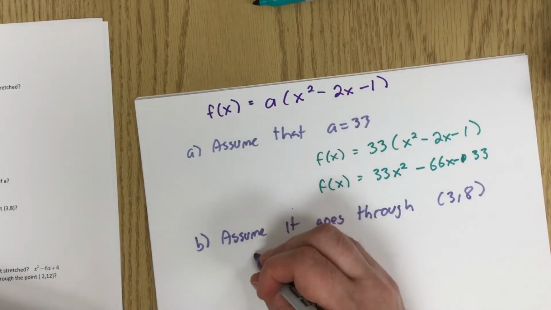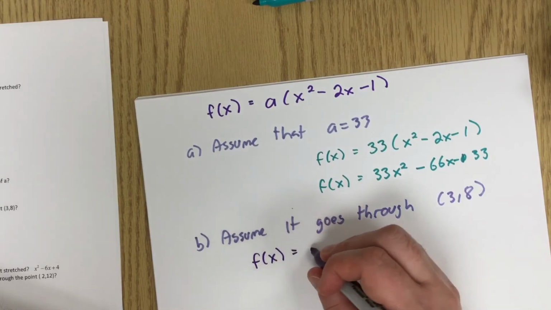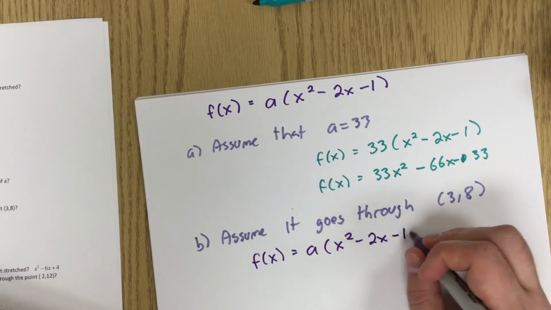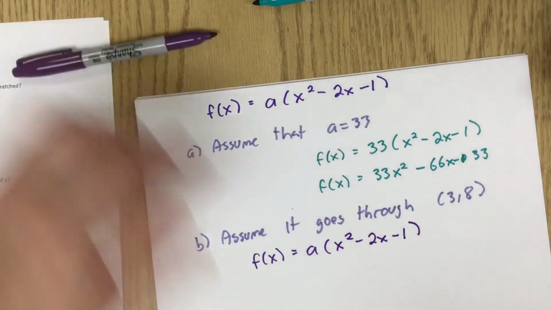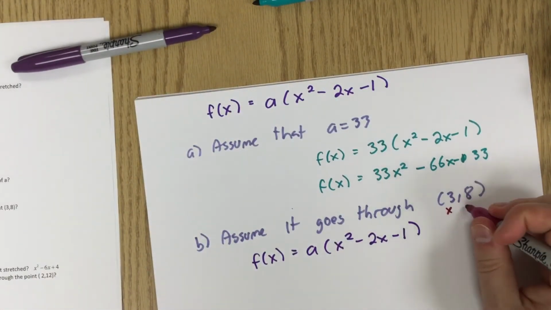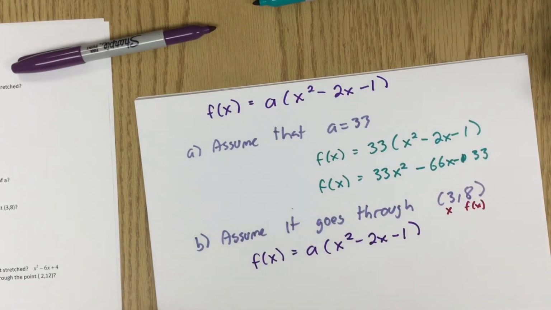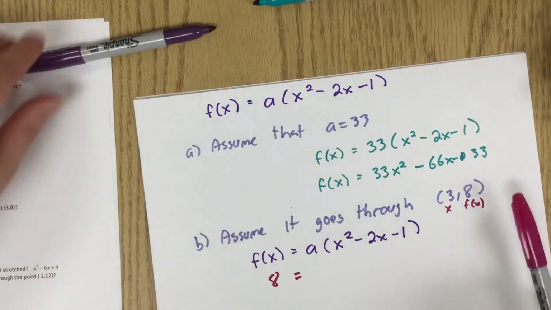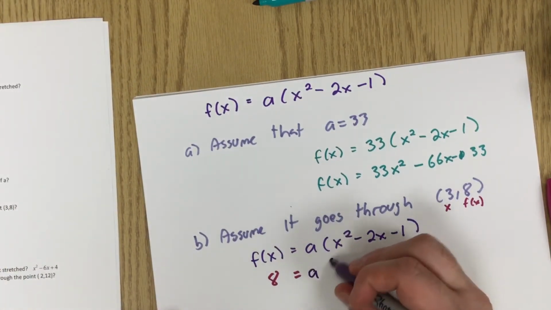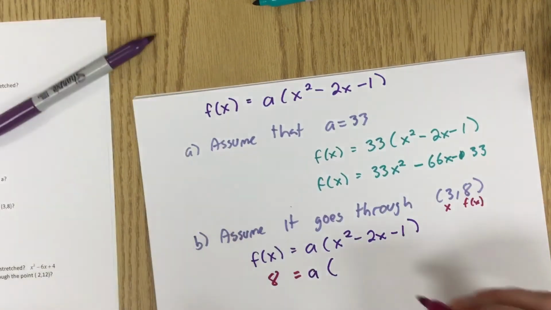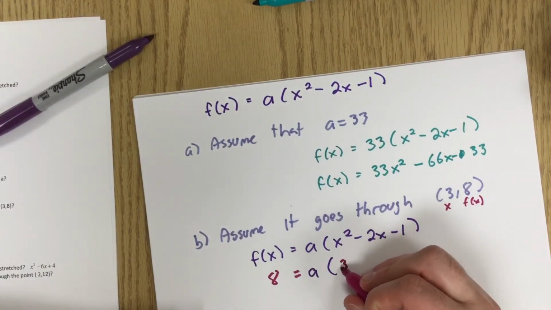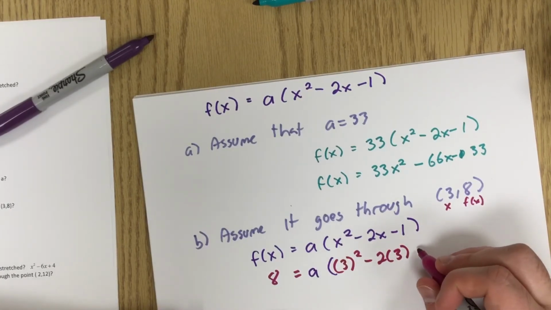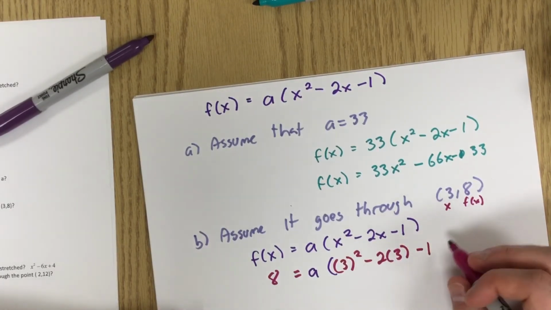So it's going to be f of x equals a times x squared minus 2x minus 1. This is our x. This is our f of x. So f of x is 8 equals, and we're going to try to solve for a. And the x is 3 squared minus 2 times 3 minus 1.